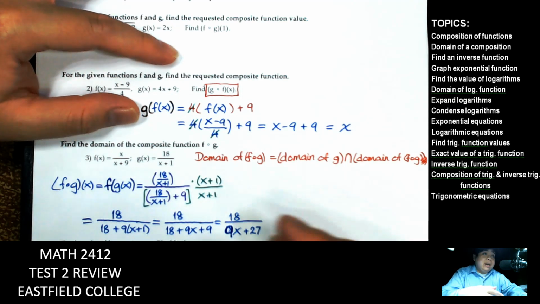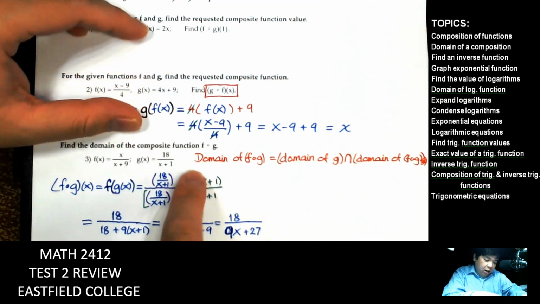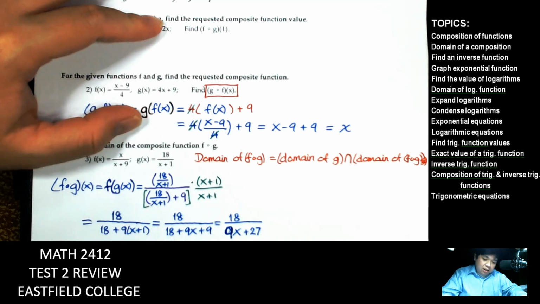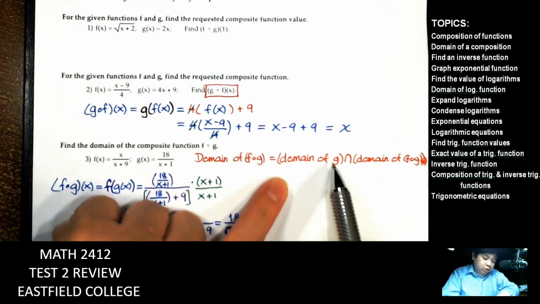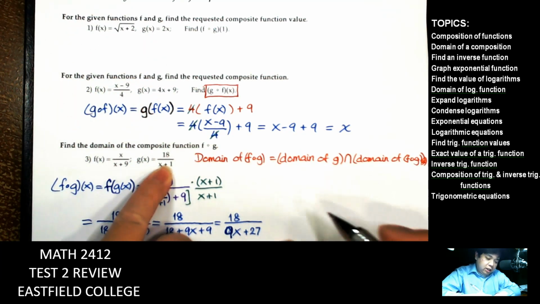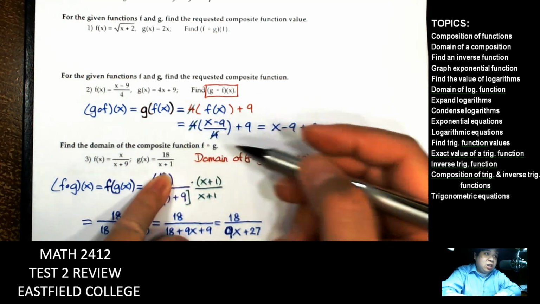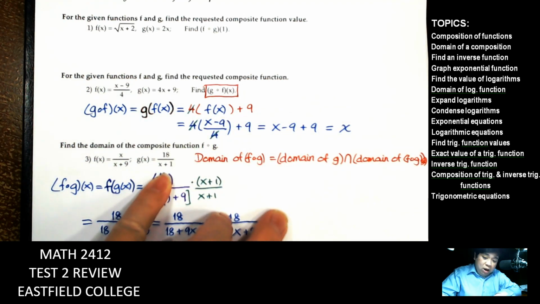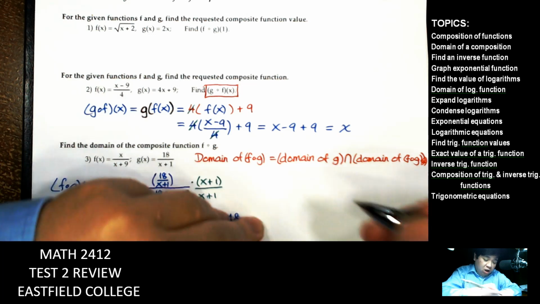Now we go back to the problem. The domain of this is going to be the domain of g, the second function. This second function is 18 over x plus 1. The domain of that is where the denominator is not equal to 0.